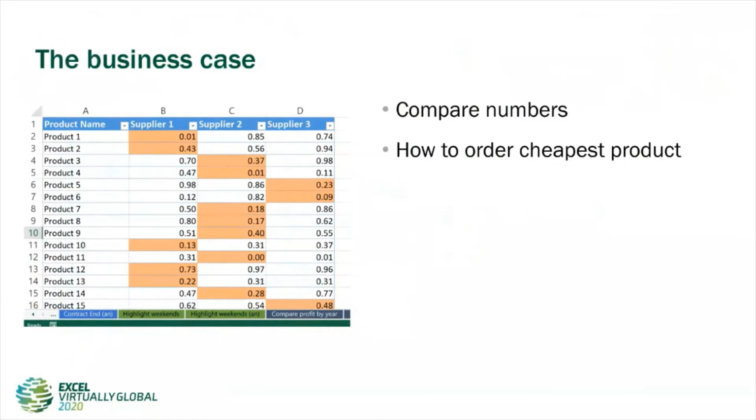So the idea is how to compare the numbers and how to find the biggest or the smallest number between a couple of them. This example presents a real business case: how to find the cheapest product and from which supplier we are going to order the different products.